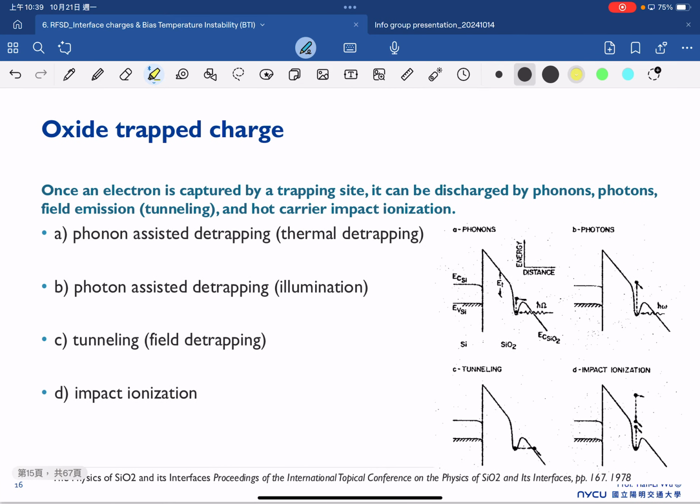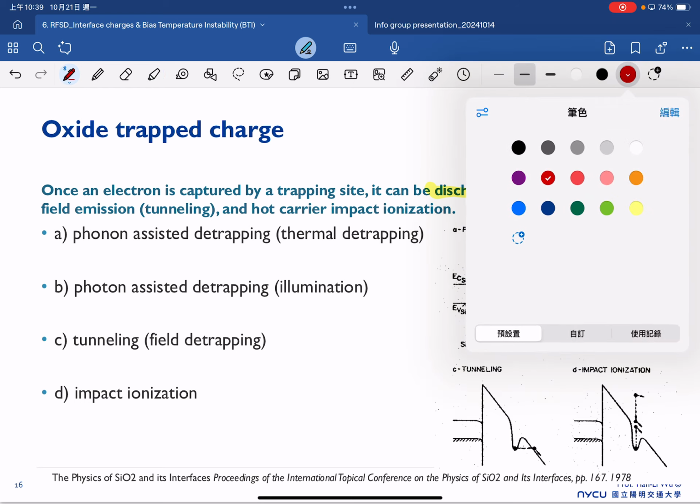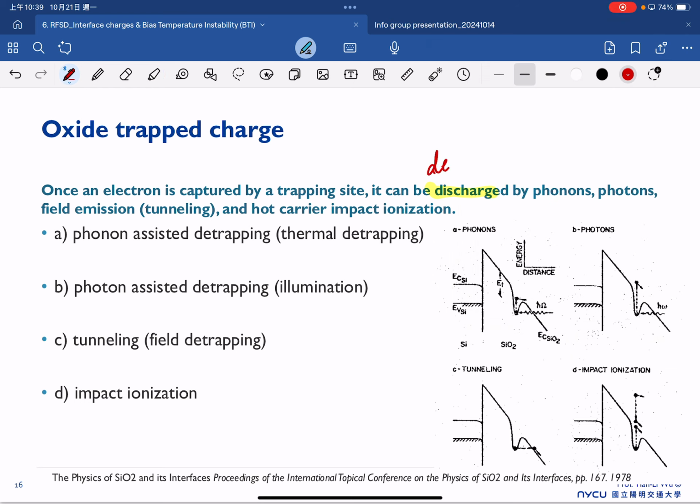And also, once the electron is captured by the trapping site here, it can be discharged by different phenomena. The discharge here has the same meaning as detrapping. So here are several possibilities for how the electrons are detrapped.